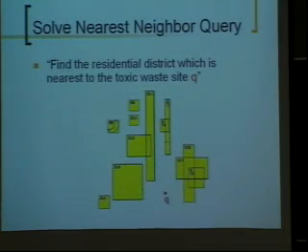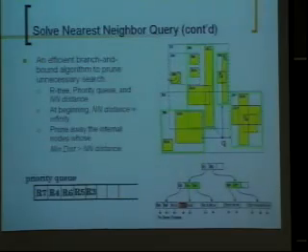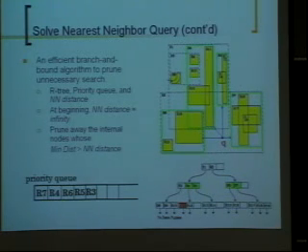For example, with this R tree, we could support a query like find the residential district which is nearest to the toxic waste site Q. Here, we don't need to calculate all the distances between Q and the residential districts. We apply the index, and we keep a priority queue and keep a minimum distance.